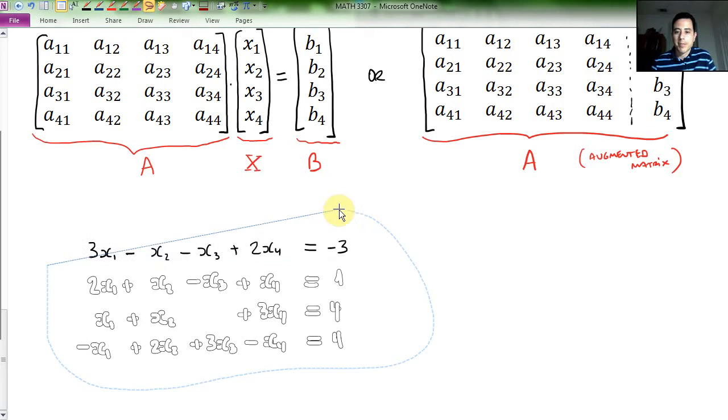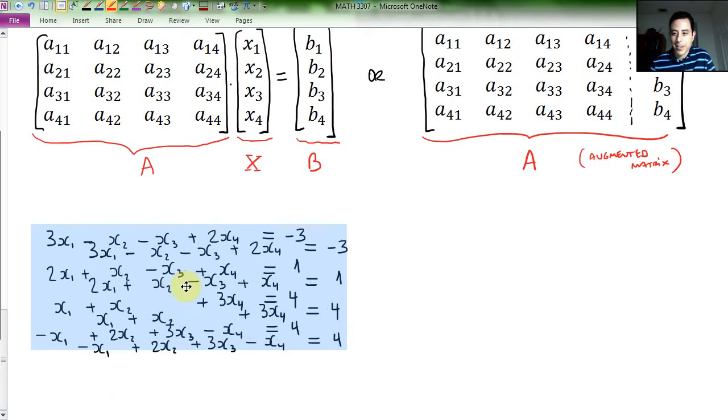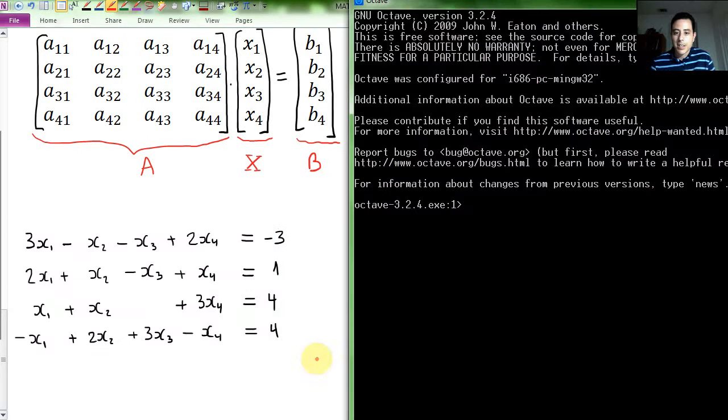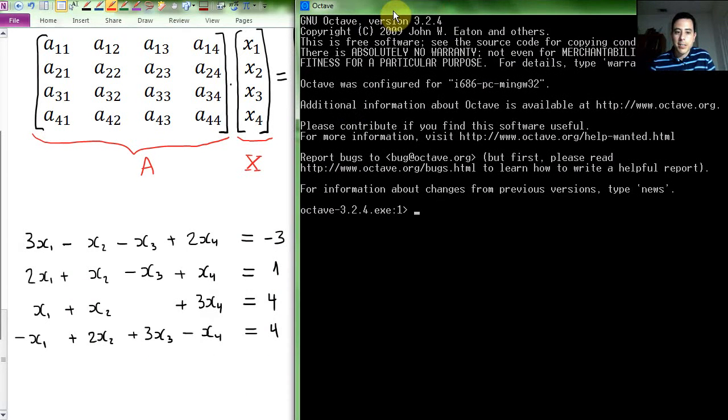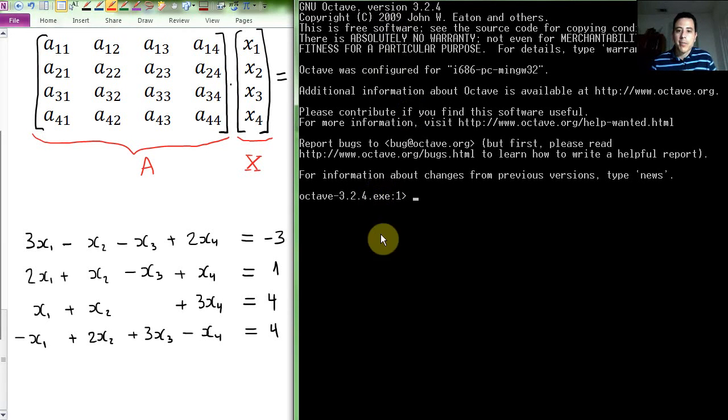Let me push this system over to this side. Now I think we can see Octave here. Alright, so I'm going to use the matrix equation format.